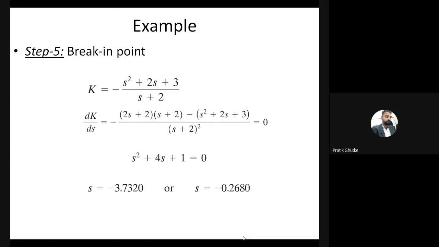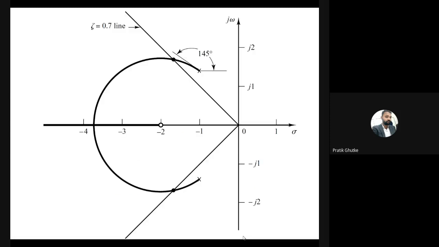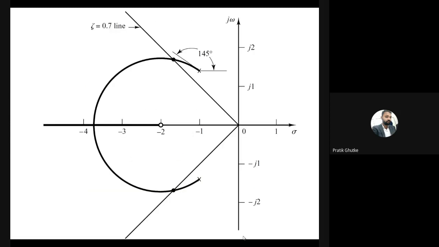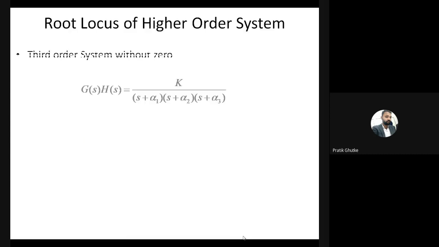So yes, we have calculated the breakaway points, that is minus 3.730 and 0.2608. From this I have to check which is the valid breakaway point and which is the invalid one. So see, minus 3.730 is your breakaway point, and from the angle of departure, see how the angle will be going. So this is your actual root locus, that would be looking like this.